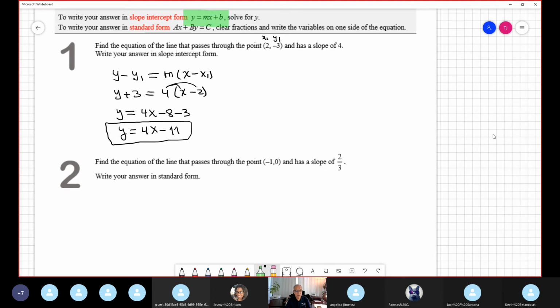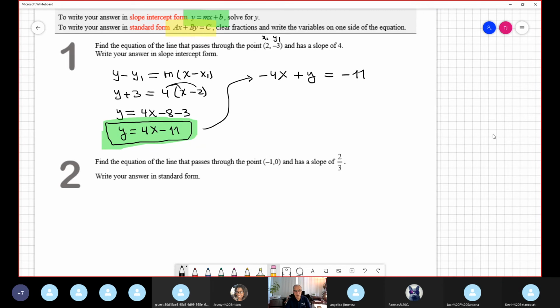But they want the answer in standard form also. Okay. In standard form is this. Okay, let's do it. But this is easy because the only thing that you should do is move 4x to the left. You put it in the first place, so negative 4x plus y equals minus 11.